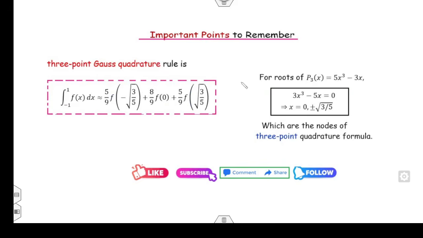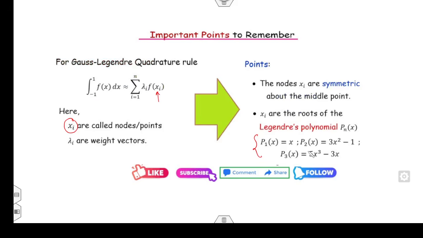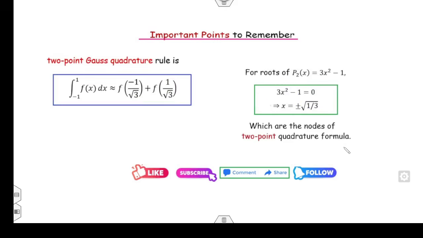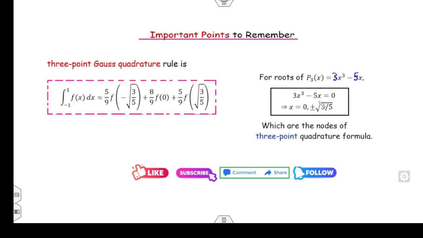Similarly, for the 3-point quadrature formula, you have p3. Can you find the roots? Sorry, it is 5x cube minus 3x.